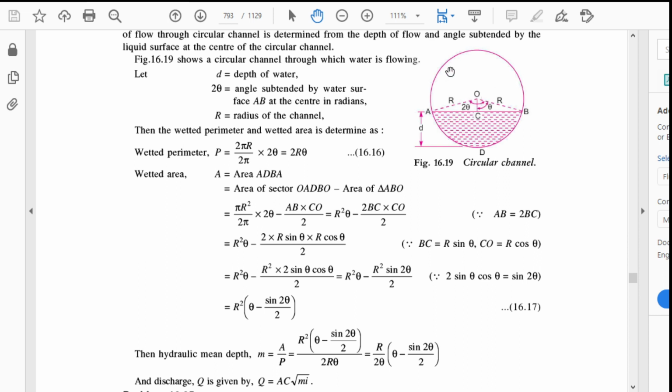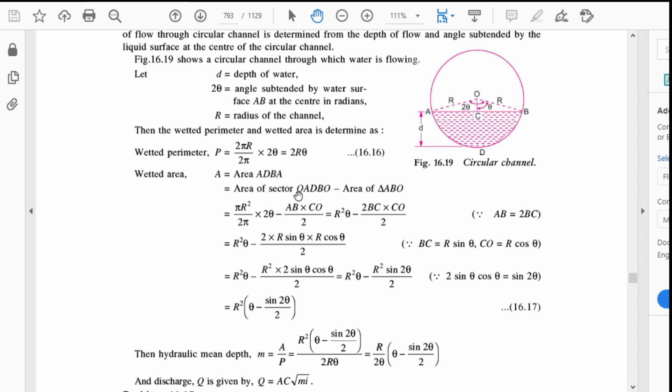Now the wetted area of this circular open channel can be calculated as follows. You can see here that OADB is the total area, but the wetted area is only ACBD, that means ADBA. This area can be calculated as the whole sector area minus the triangle area.